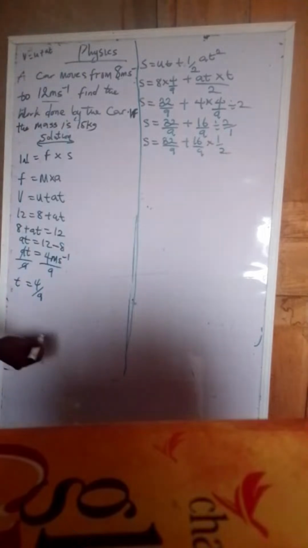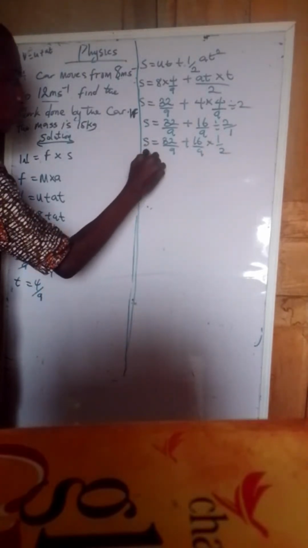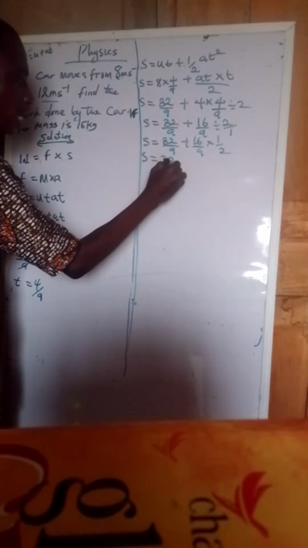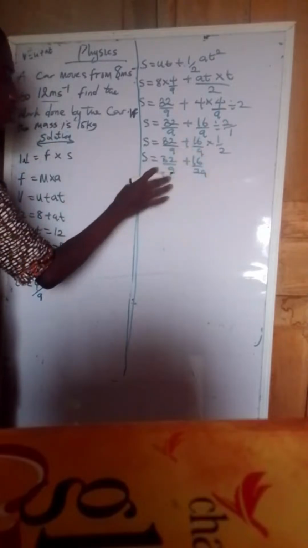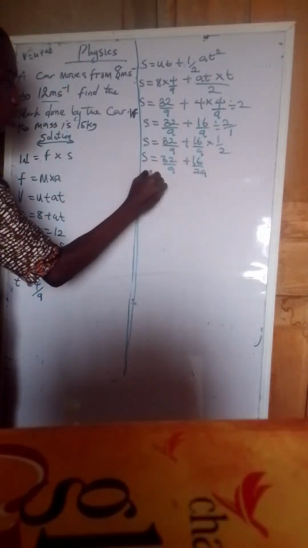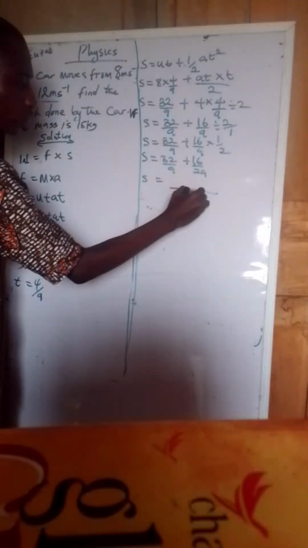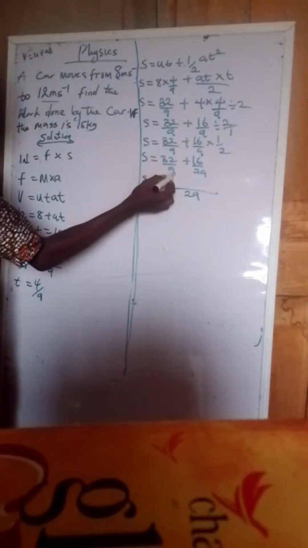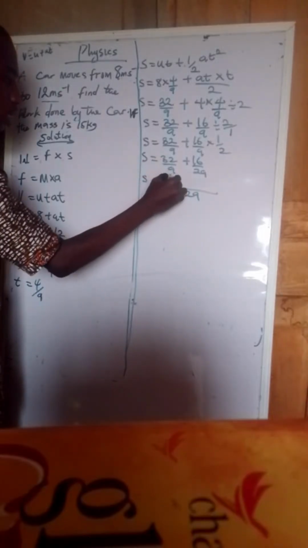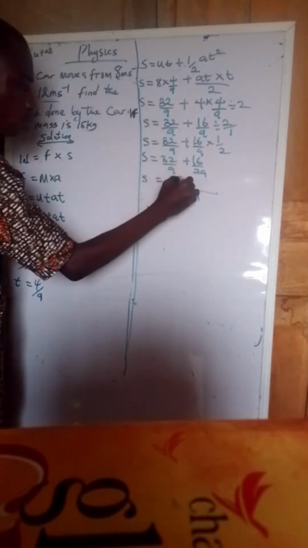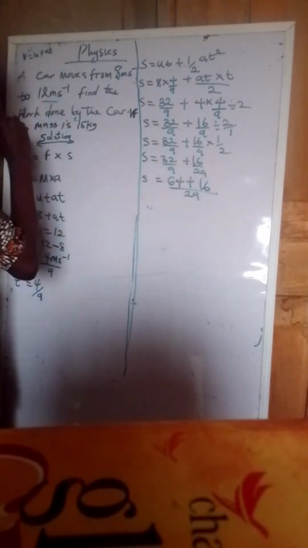Then here we now have x equal to 32 over a plus 16 over 2a. Now, a to a, what are we going to do? We are going to find the LCM, which is 2a. How many a can we see in 2a? It is 2. And 2 times 32 will give us 64, plus this will be 16.